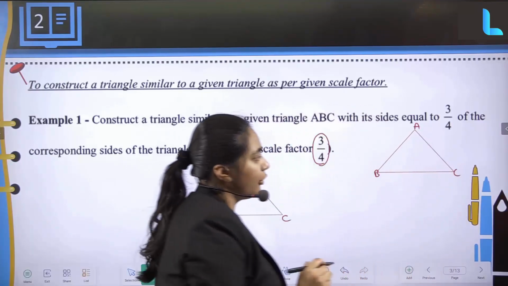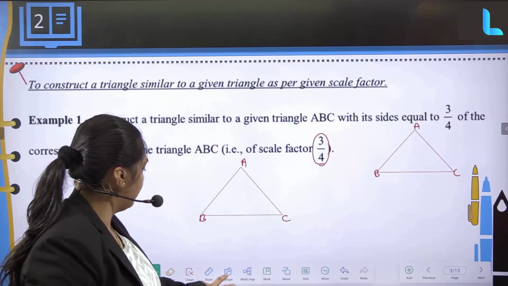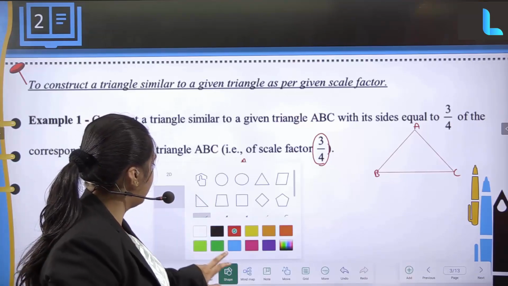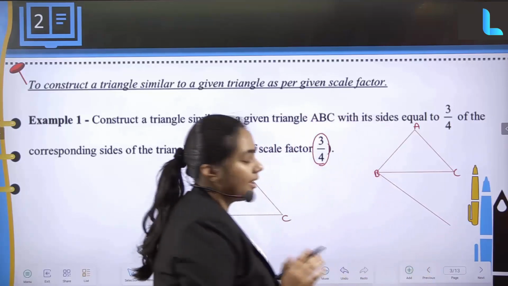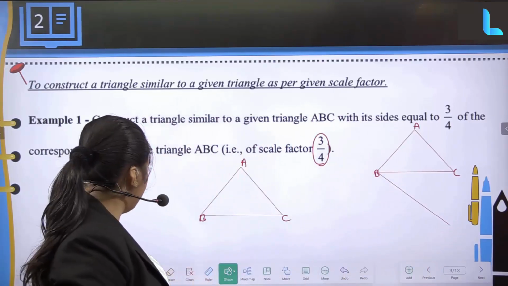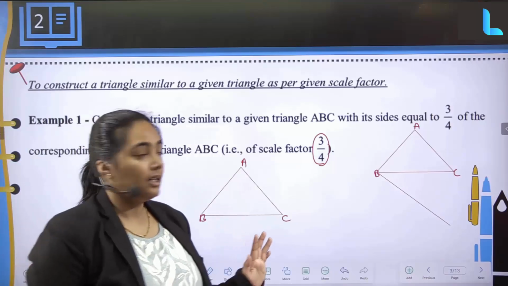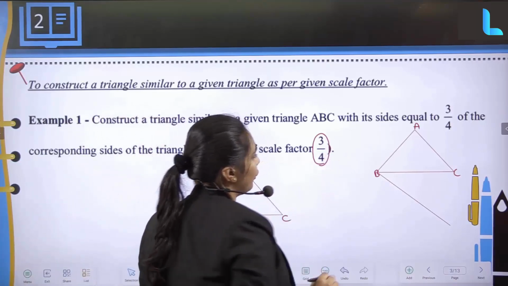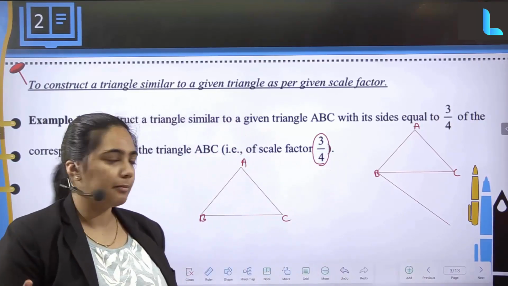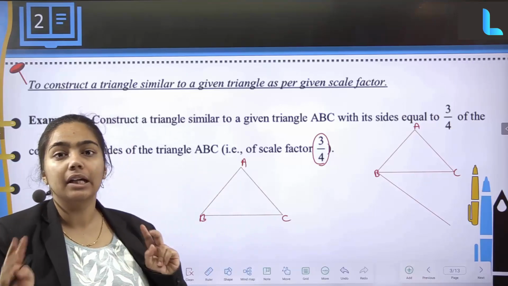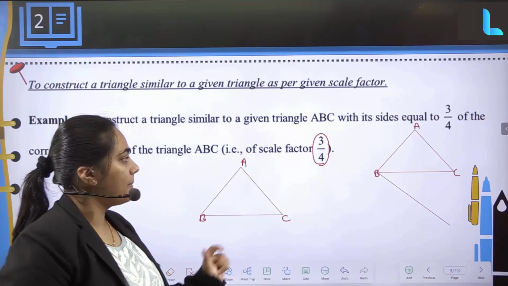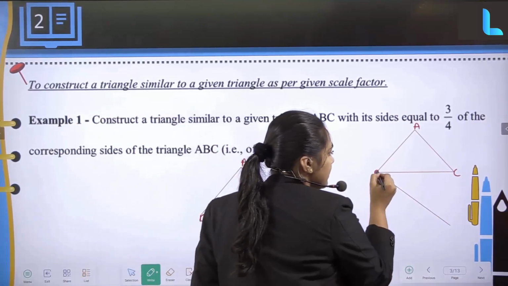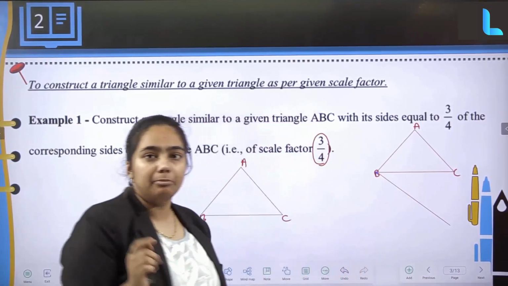First and foremost, I will draw a line. This is going to be my line over here. Once I have drawn the line, with 3/4, consider whichever is the greater number. Among 3 and 4, 4 is the bigger one. Take a compass, point at B, and keep any measure.